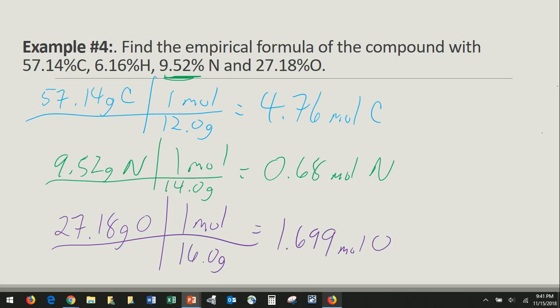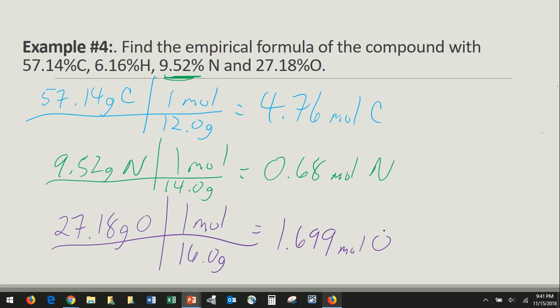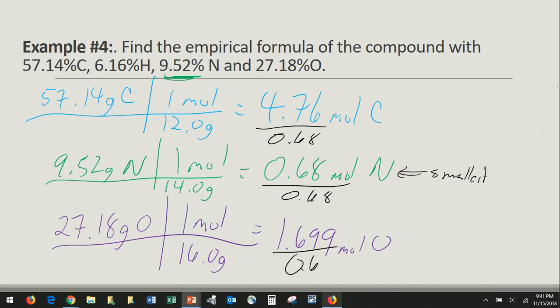So the next thing is to divide by the smallest, and we're going to identify, in this case, the smallest is the nitrogen, right? So here's the smallest number. So we're going to divide everything by 0.68. And that will always become 1 in that case.